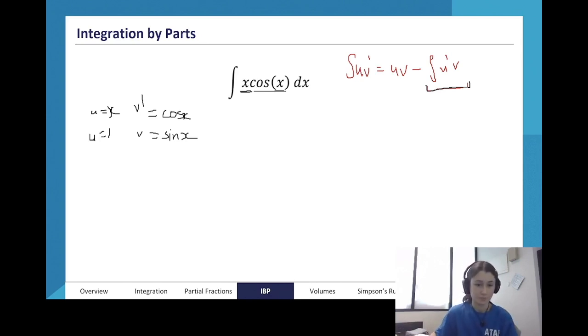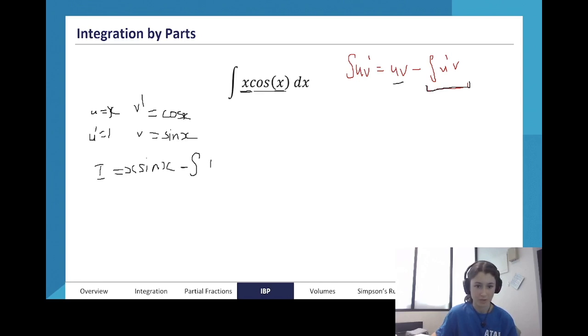So let's get on to actually applying this formula. Our integral is going to be equal to u multiplied by v, which is x sine x, take away the integral of u dash v.